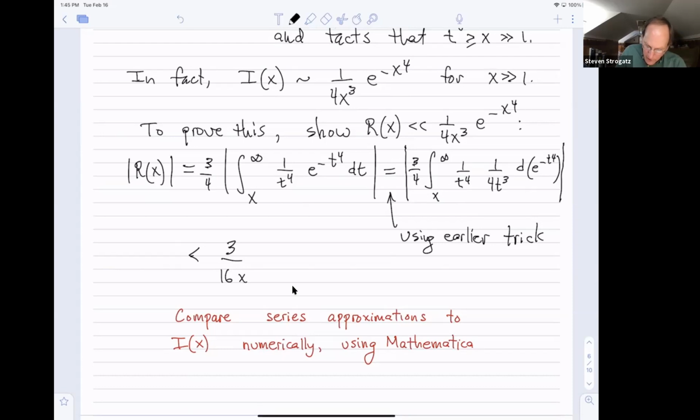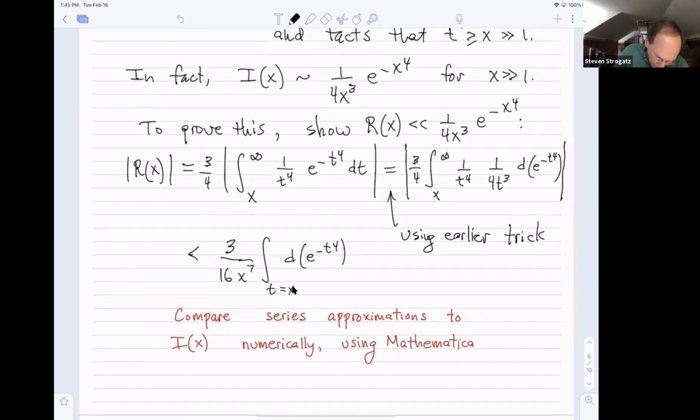And I can replace those t to the 7th power in the denominator by x to the 7th and take it outside the integral, where I'm going from t equals x up to t equals infinity.